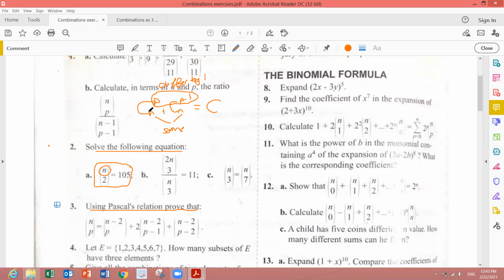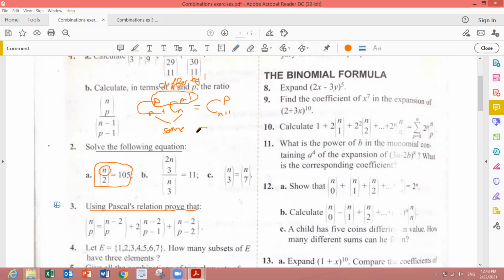I add 1 to the bottom number, it becomes n plus 1. And I take the greatest between p and p minus 1, the maximum. What is the greatest between p and p minus 1? P. So if we are adding two combinations with the same bottom and the top differing by 1, we get a combination where we add one to the bottom and take the greatest one on top.